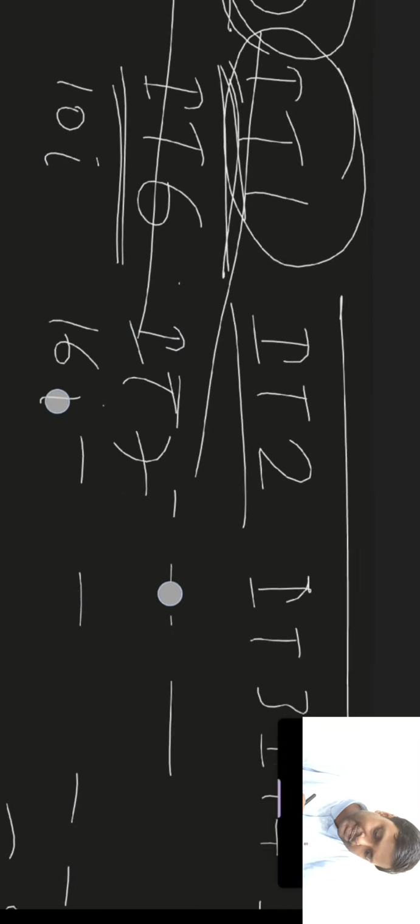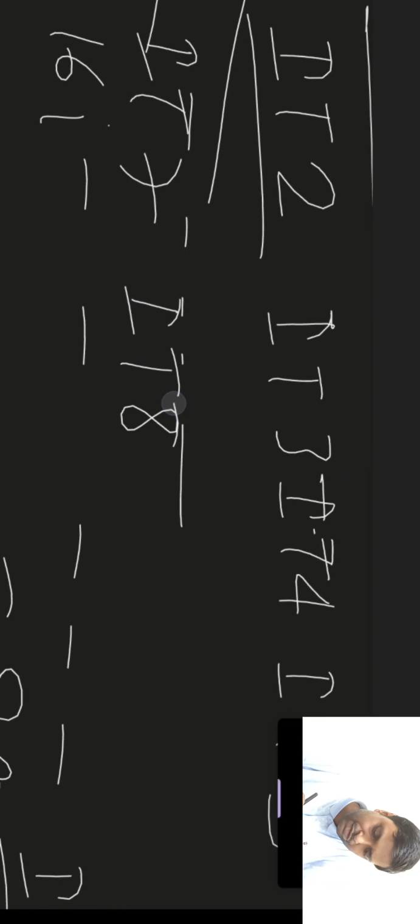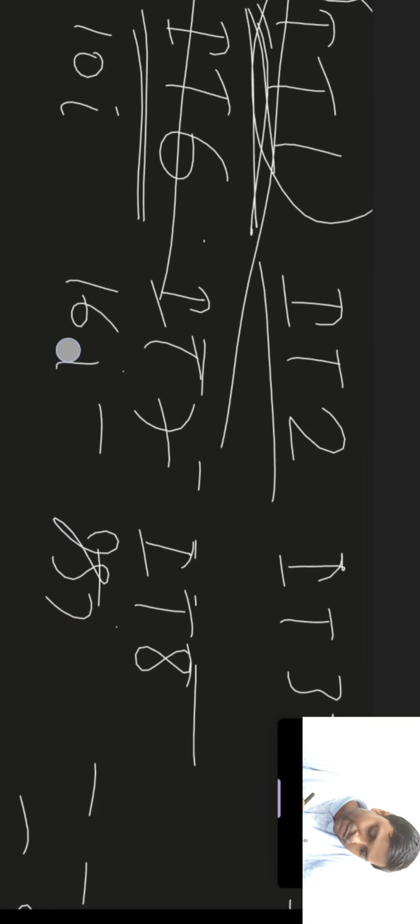Suppose we are writing IT 6, then its value is 10i. When we write IT 7, its value is 16i. When we write IT 8, its value is 25i. What we are observing is that the value of each succeeding IT is 1.6 times the preceding IT.